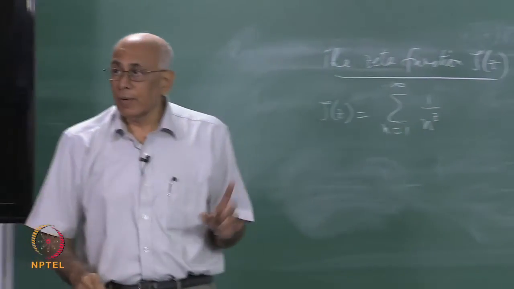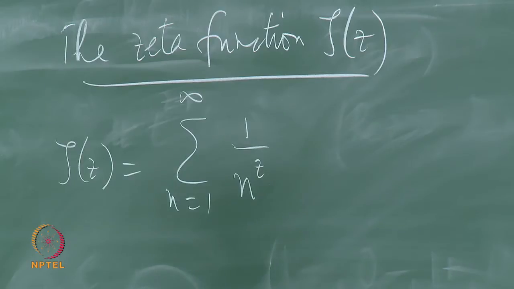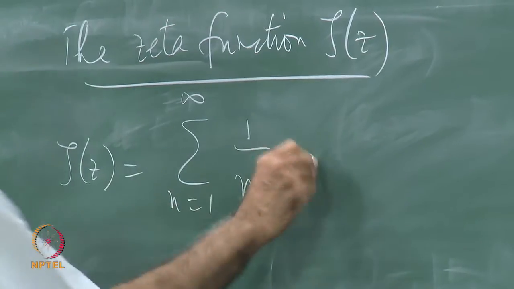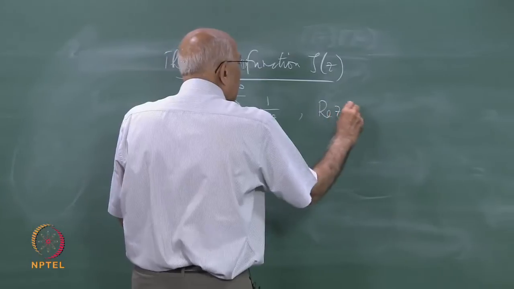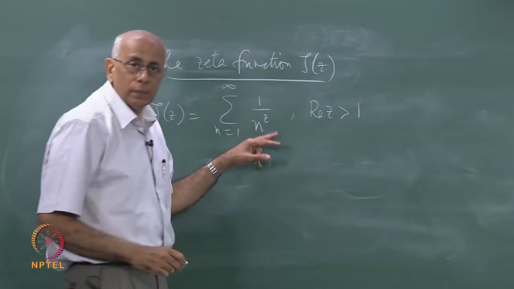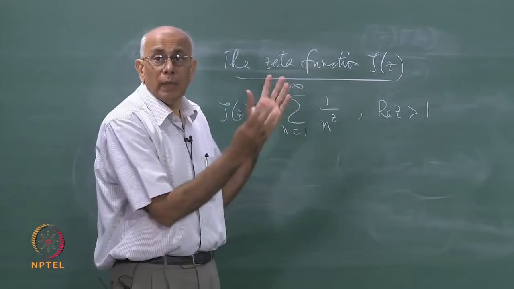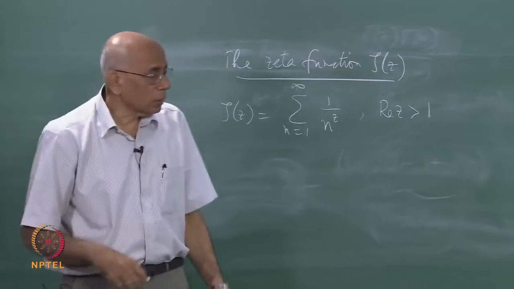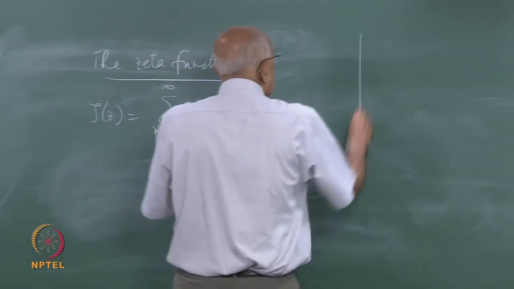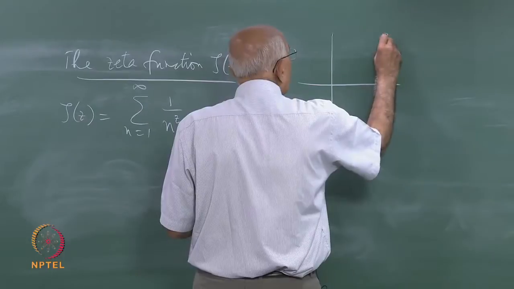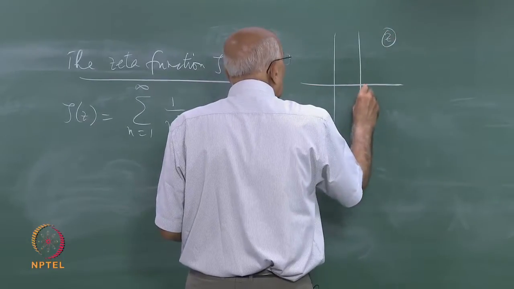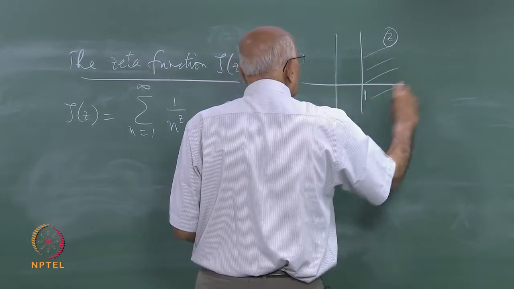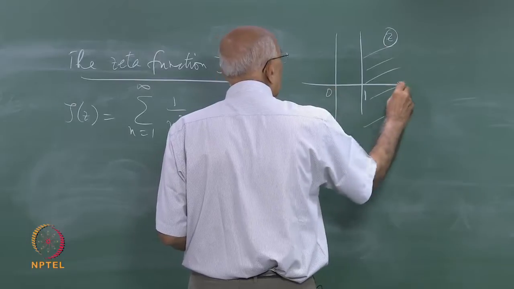That was this defining representation, and this was valid as long as the real part of z was greater than 1. If it is 1, it is logarithmically divergent, as you can see. So we have a representation that is valid in the complex z plane to the right of the point 1, and here is 0.